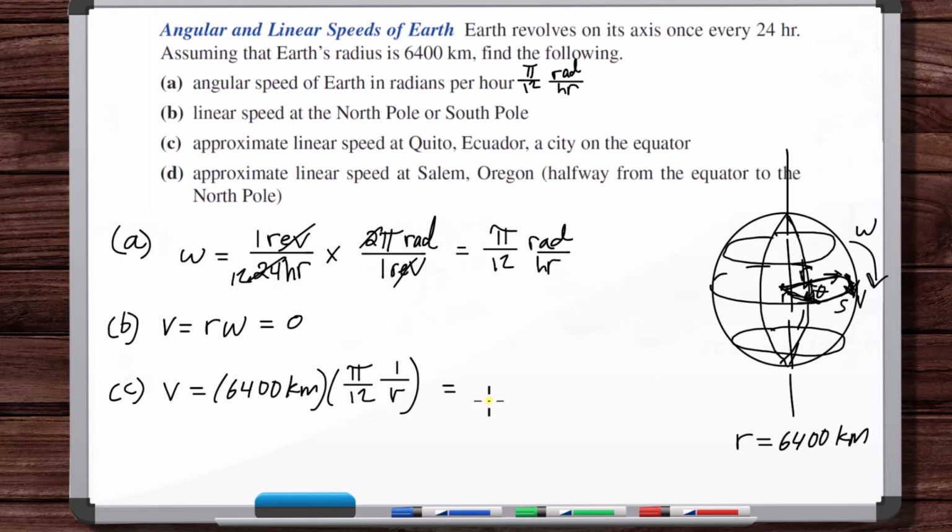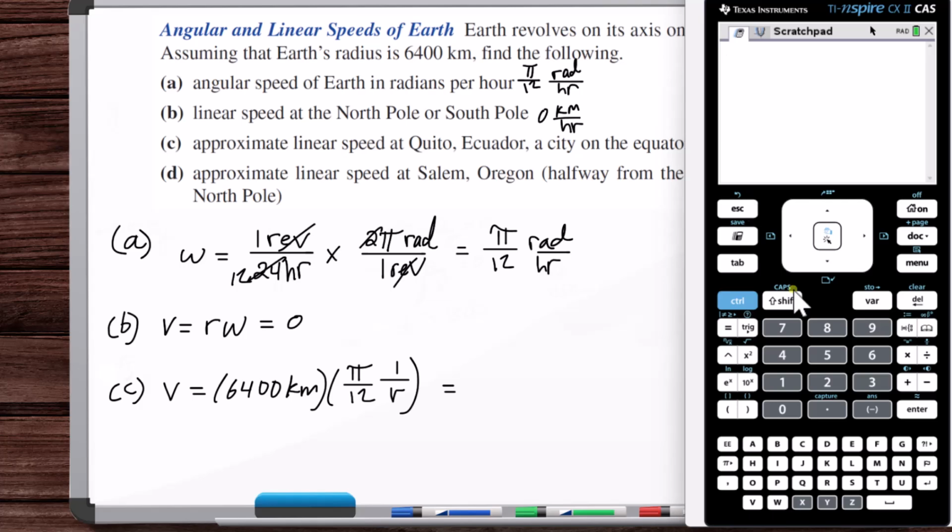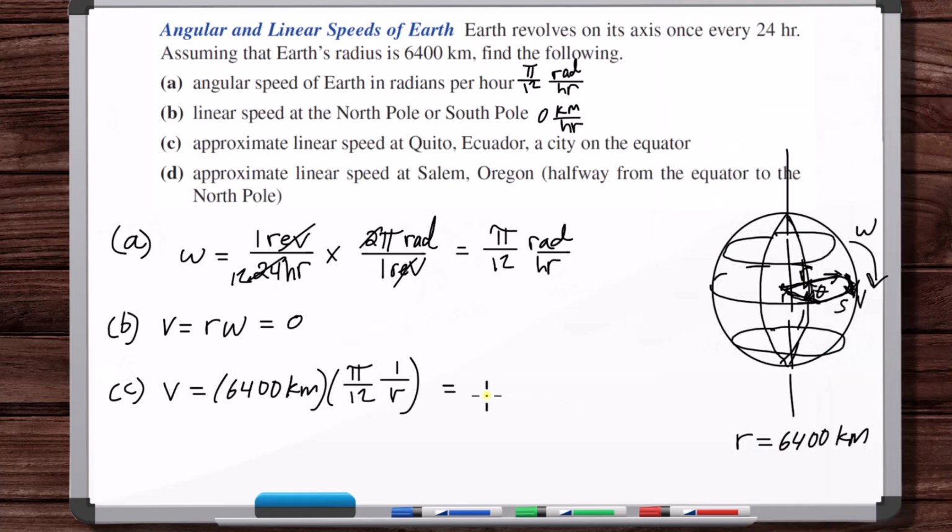So 6,400 divided by 12 times pi. Okay, 1,676 kilometers per hour.